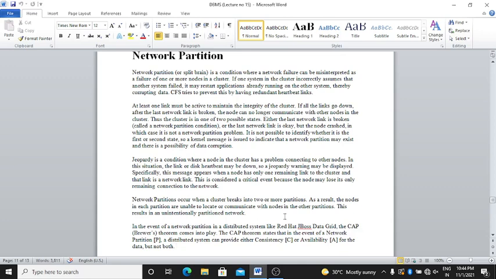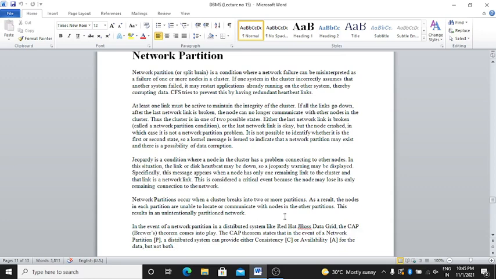Thus, the cluster is in one of two possible states. Either the last network link is broken, called a network partition condition, or the last network link is okay but the node crashes, in which case it is not a network partition problem.